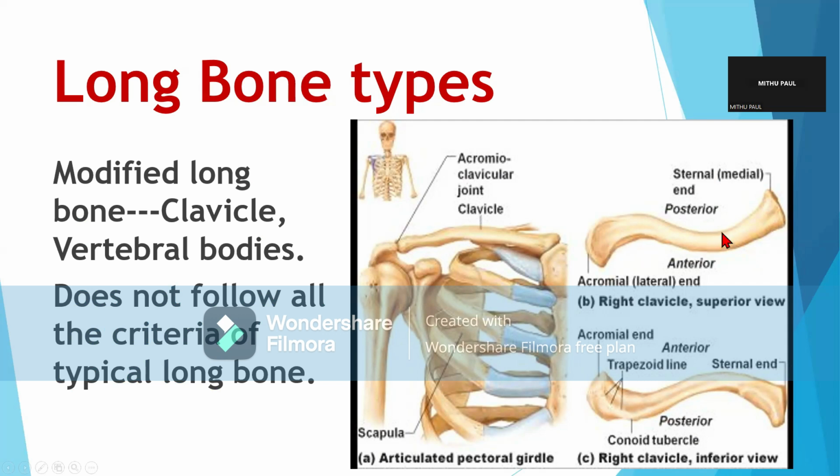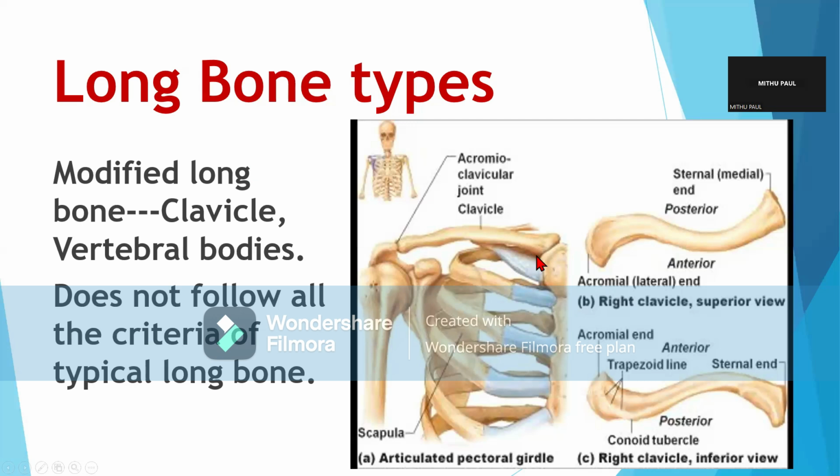This is clavicle lying onto the upper part of your chest. See, in comparison to a typical long bone like humerus, it is distributed horizontally. It is not cartilaginous in ossification, but its greatest dimension is length, and it takes part in transmission of force or transmission of weight of the upper extremity to the central skeleton.